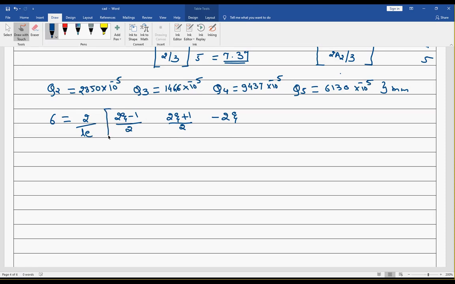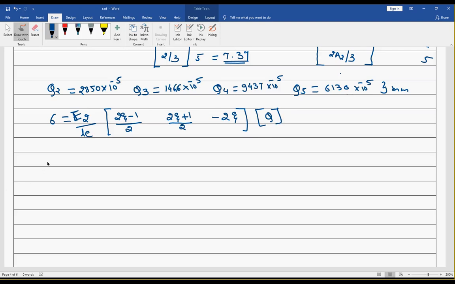This is the B matrix. Sigma is equal to E into B into Q. I forgot to write E, so I write E over here, E B Q, and finally I will have the Q matrix of that particular element.